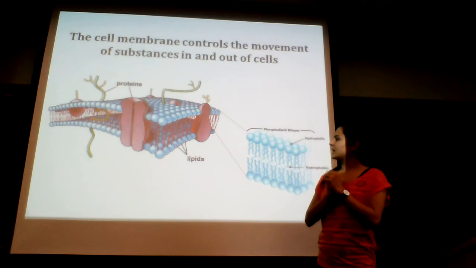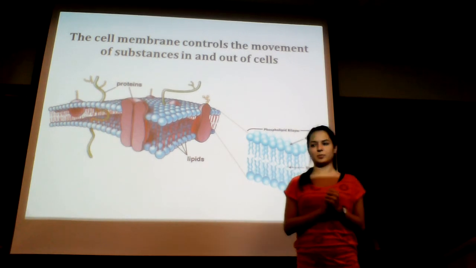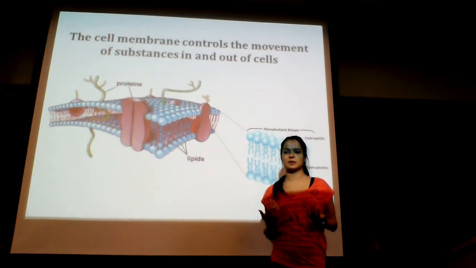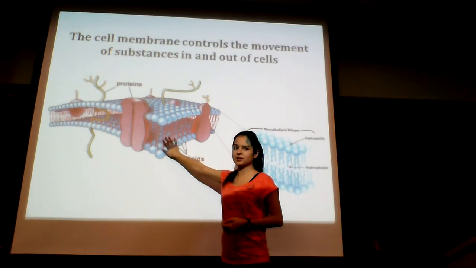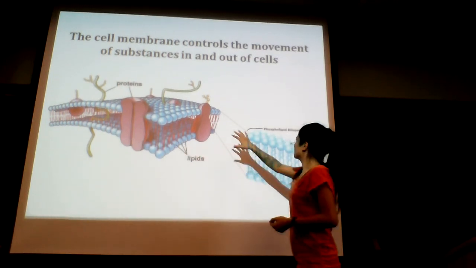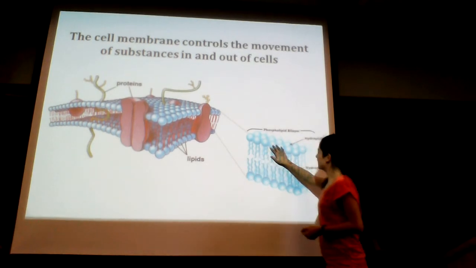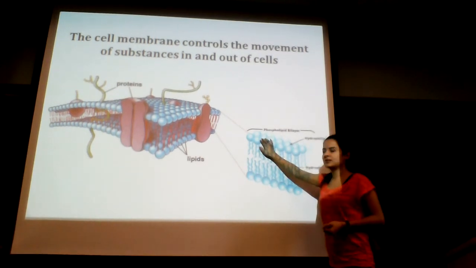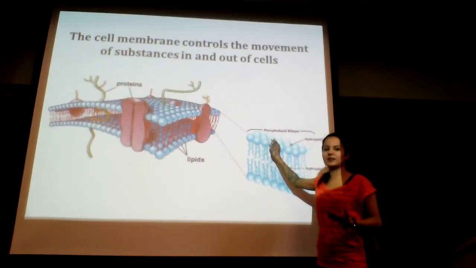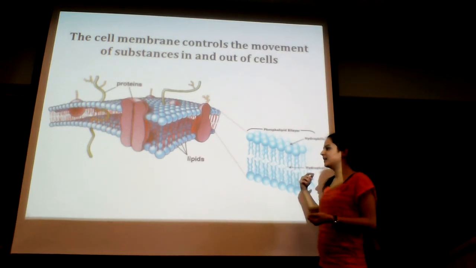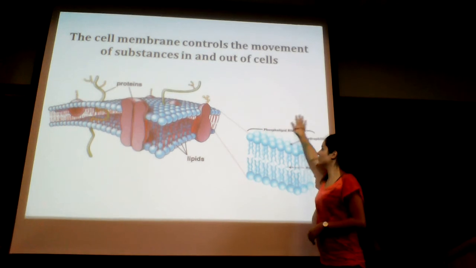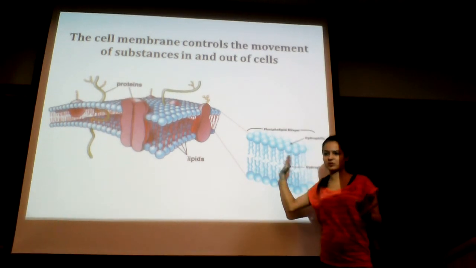So, the cell membrane consists of a phospholipid bilayer. What does that mean? As you can see, these blue molecules are lipids. And when we look in detail, the head groups of these lipid molecules are hydrophilic, or in other words, water-loving. They can interact with water in the outside environment without any trouble.